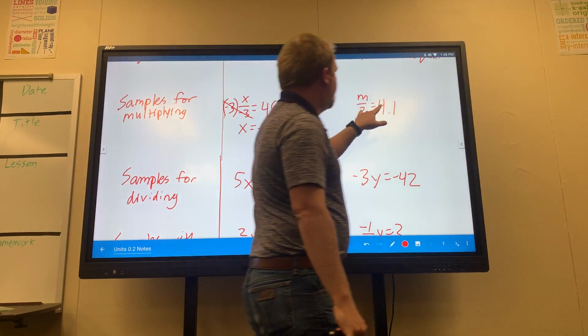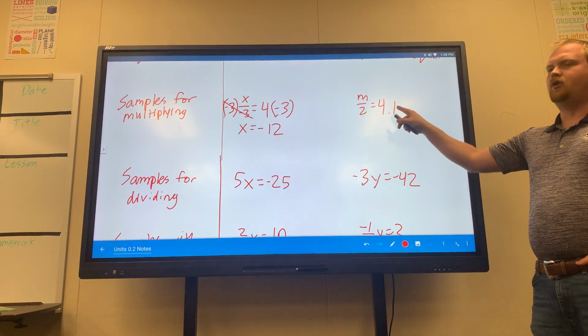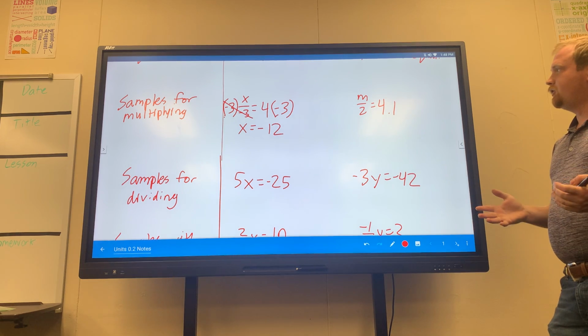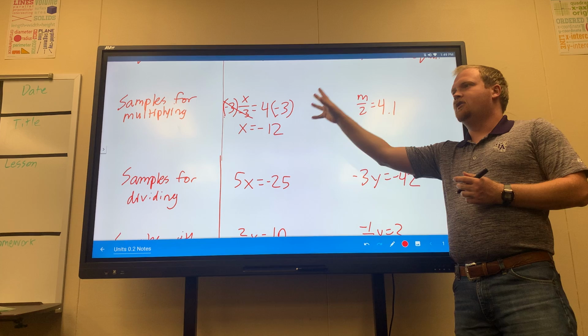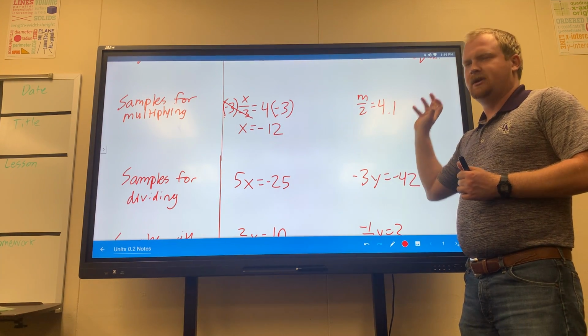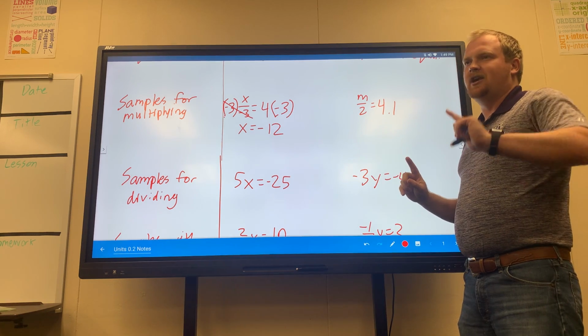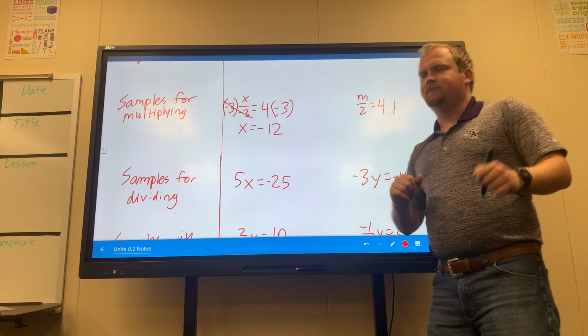Now, I have m divided by 2 equals 4.1. Since this is division, and I should have mentioned this earlier, the inverse of division is multiplication, because they're opposites of each other. The opposite of dividing is multiplying, and the opposite of multiplying is dividing.